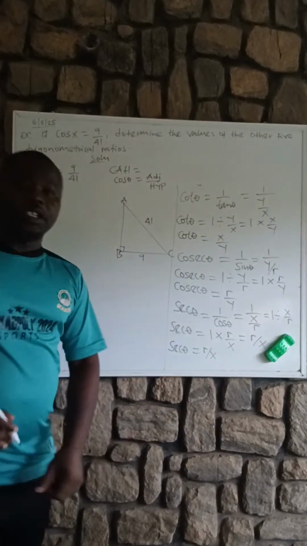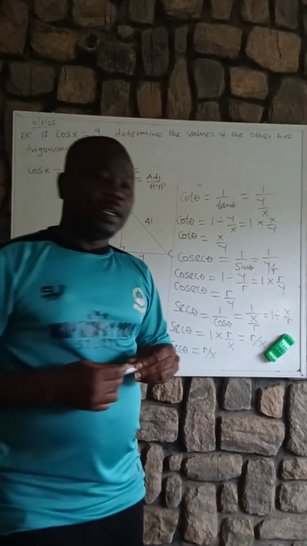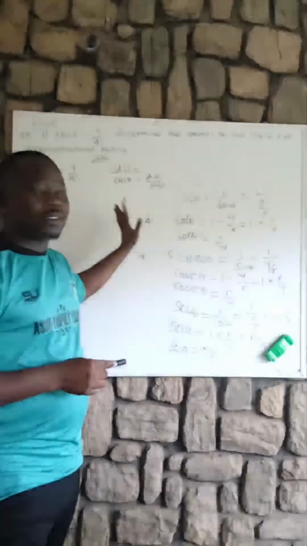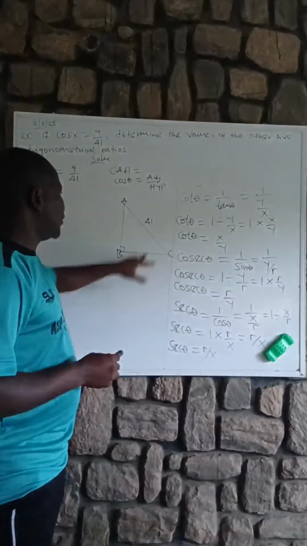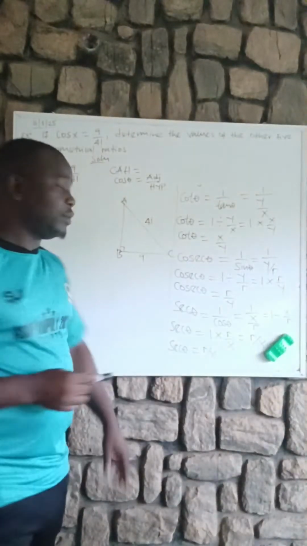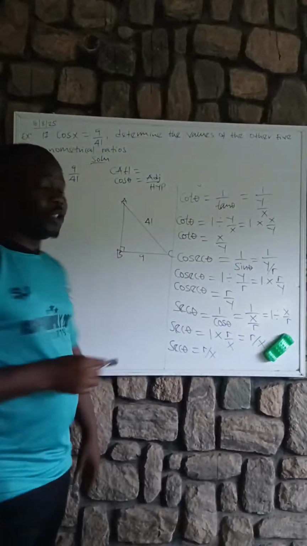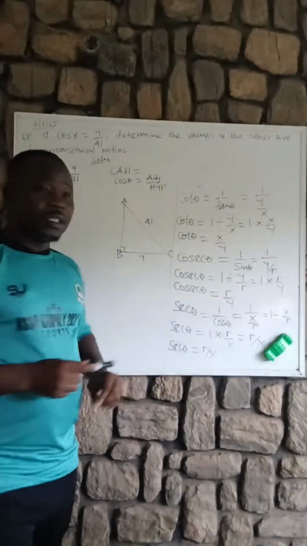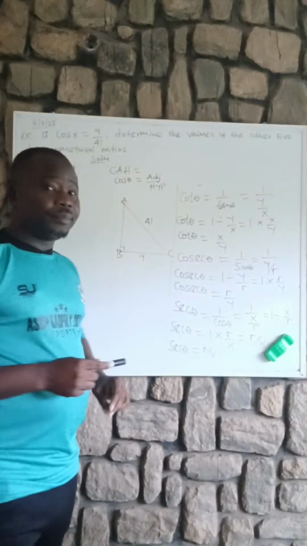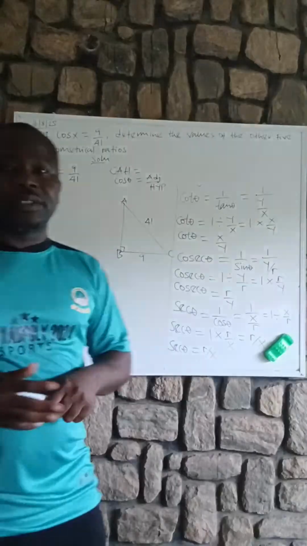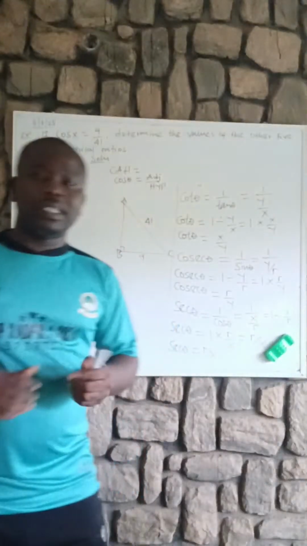So I mentioned to you that we can use so many methods to solve this problem. But the method I want to use now is to apply Pythagoras theorem here, to obtain this other side so that we can easily make use of the trigonometrical ratios.